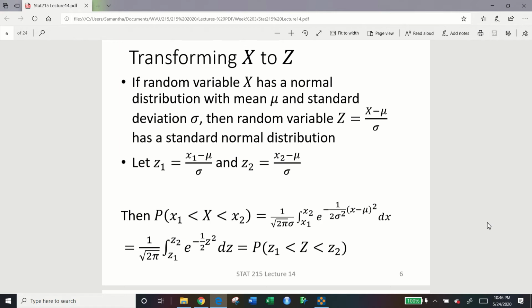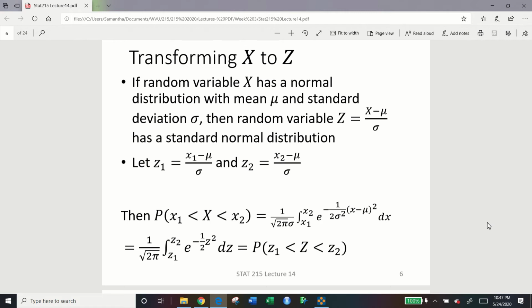Then we could find the probability of x1 less than x less than x2, which is equivalent to 1 over the square root of 2 pi times sigma, multiplied by the integral from x1 to x2 of e to the negative 1 over 2 sigma squared times the quantity x minus mu squared dx.